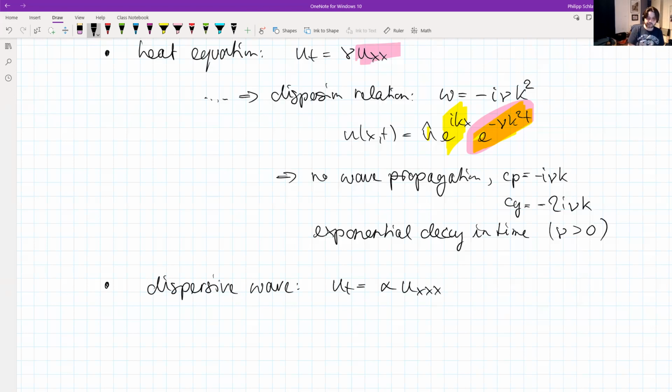That's the test equation. And I'm again doing the same analysis. I take my ansatz, put it into this equation, and derive my dispersion relation. My dispersion relation looks like the following: omega is alpha times k to the power of 3.